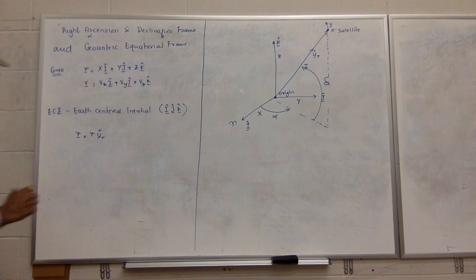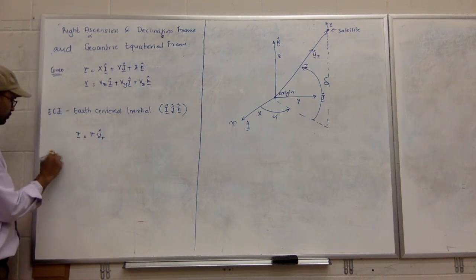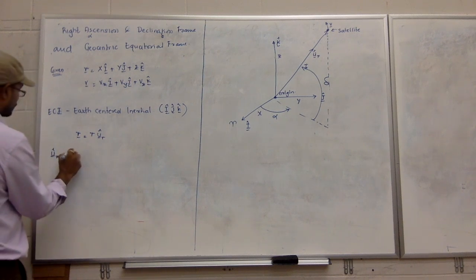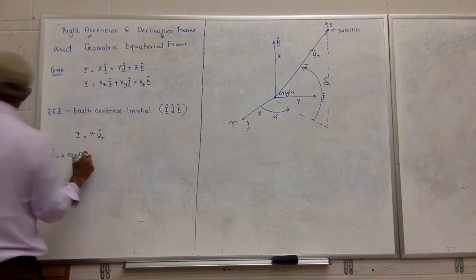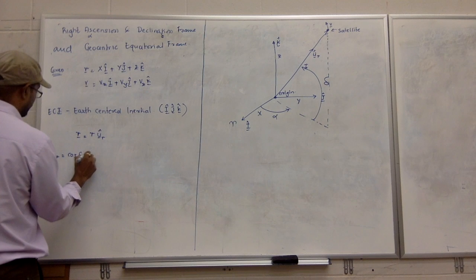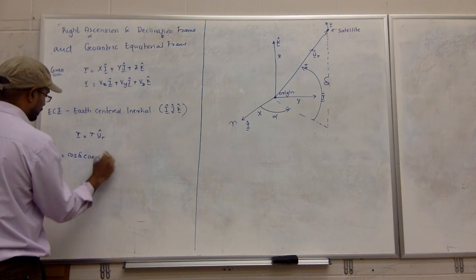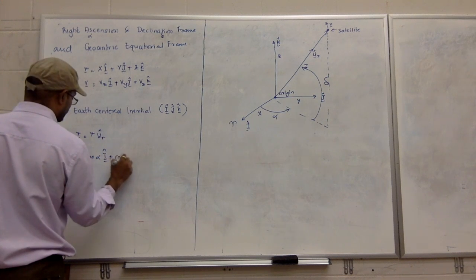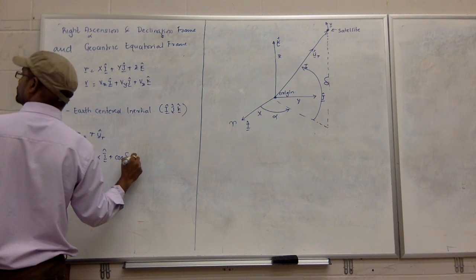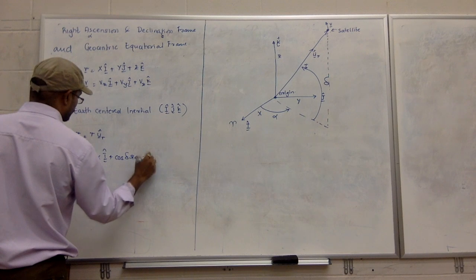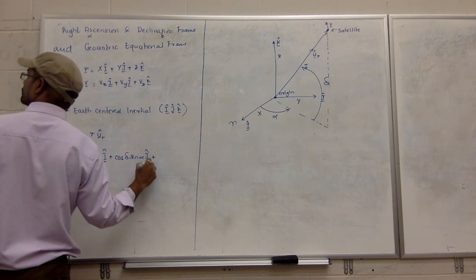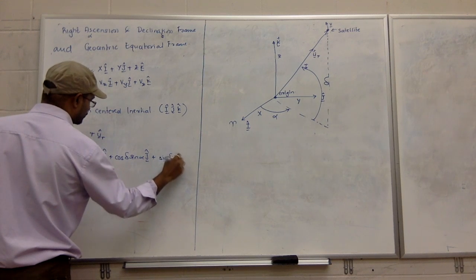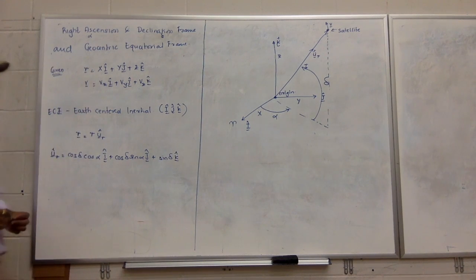Now the relationship, if you break it down, r is equal to cosine alpha, cosine delta, cosine alpha I plus, okay.